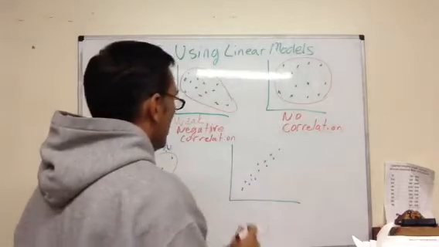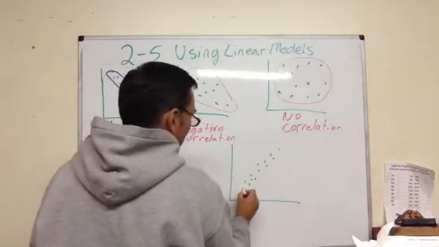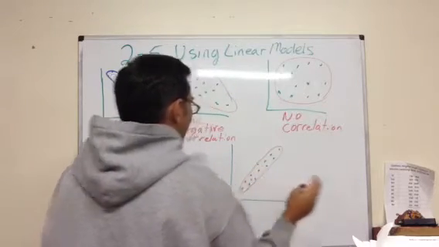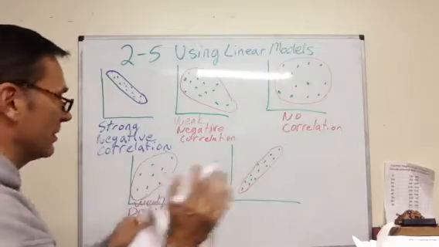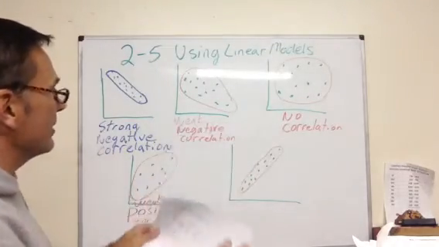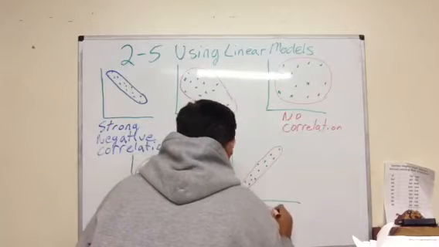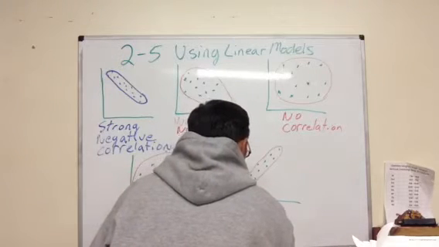And the next one, you can see all the dots are close together. And if we enclose them all, again, that's a lot thinner circle, a lot thinner enclosure. The thinner it is, the stronger it is. So this would be a strong positive correlation.